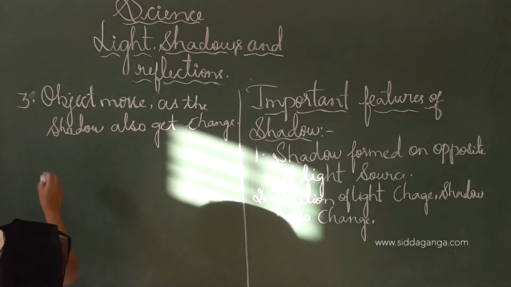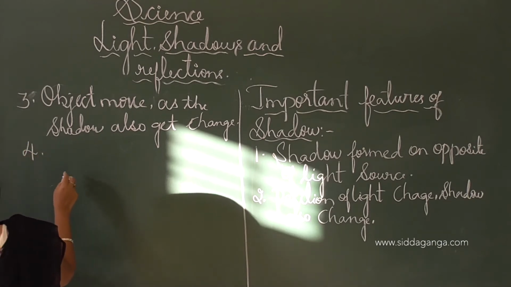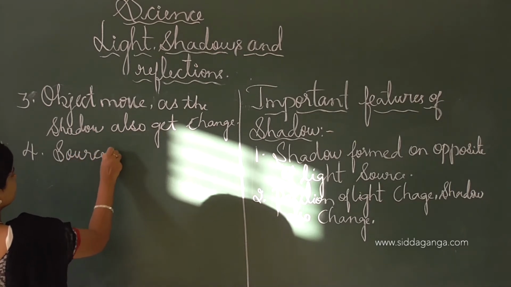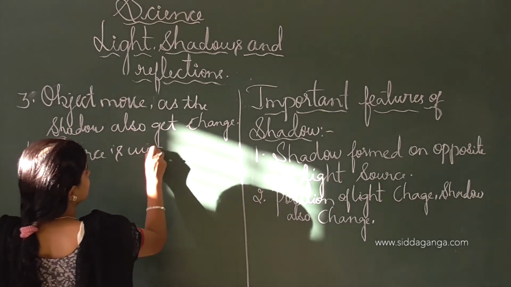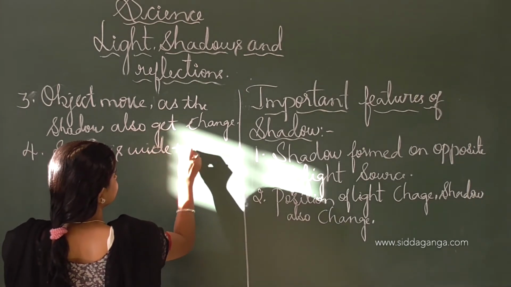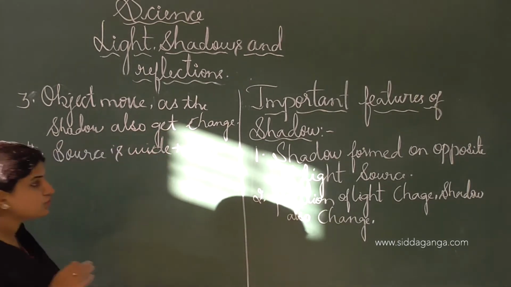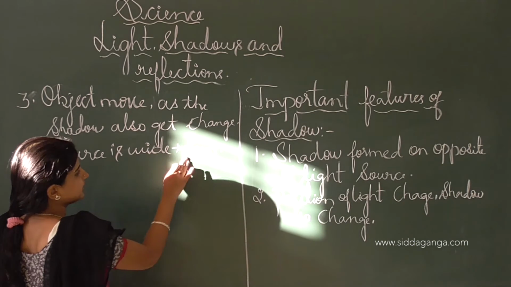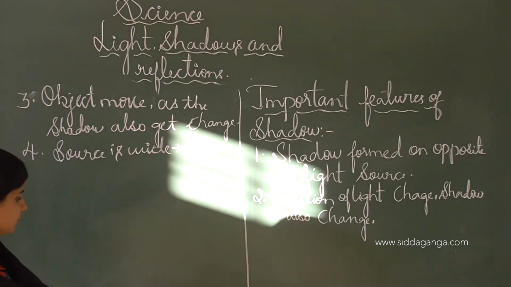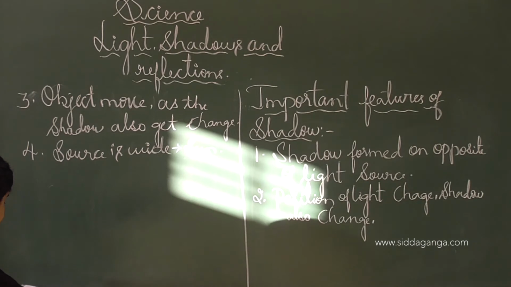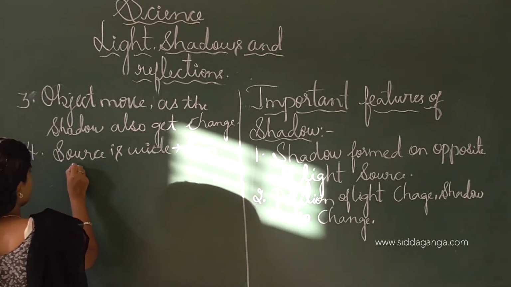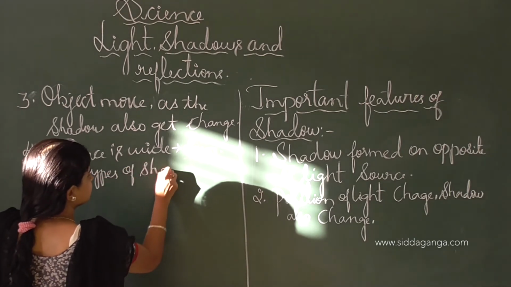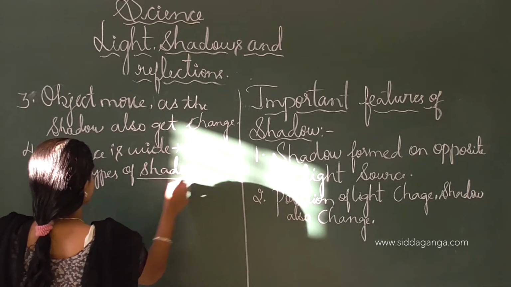Next one is the last one, that is the source of the light. If the source of the light is wider, such as the sun, then two types of shadow are formed here.